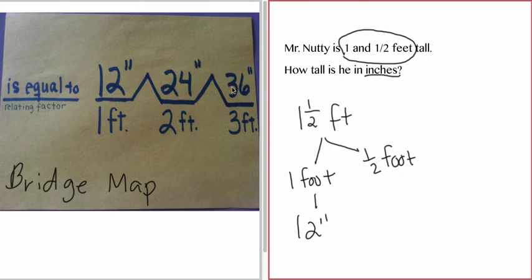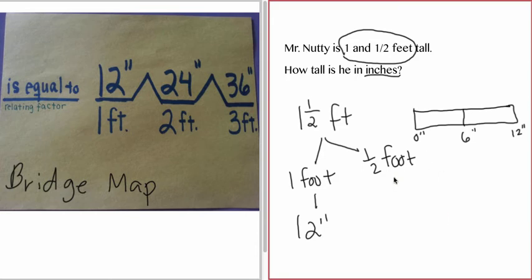If I look at my thinking map though, my bridge map, I don't have anything that says 1/2 foot. I do know, however, that on my 12-inch ruler, if this was 12 inches down here, and that was 0 inches, the halfway point between the numbers 0 and 12 would be 6 inches.